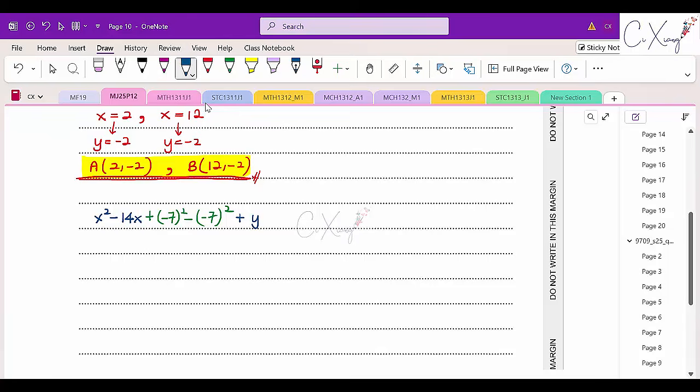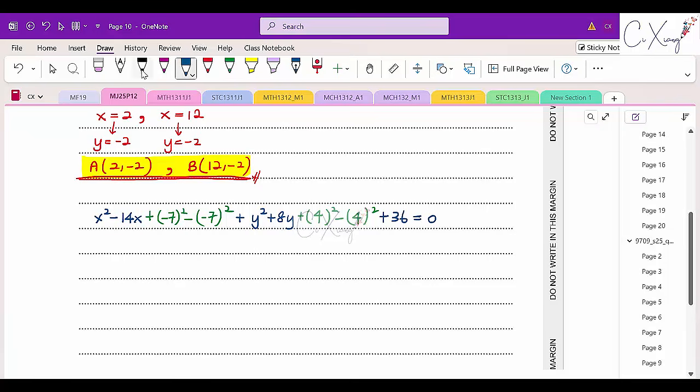So I group all the y terms together first. I'm having y squared plus 8y, then again plus something squared minus something squared. The something here is the coefficient of y divided by 2, so 8 divided by 2, you get 4. Then the rest of the equation, you just copy them, so plus 36 equals 0.